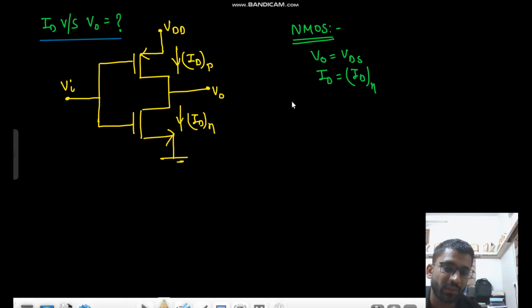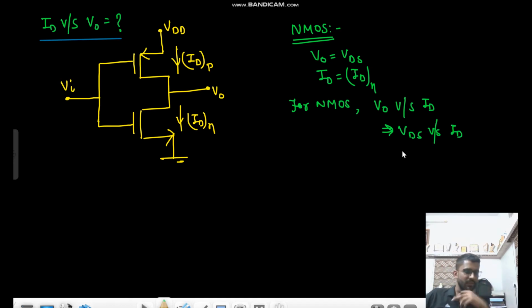So for NMOS, V naught versus ID is basically VDS versus ID, and that you already know. Linear, saturation, linear, saturation. As Vin increases, the VDS for saturation increases, and the value of ID increases, and the saturation point also increases, right? So that you already know.